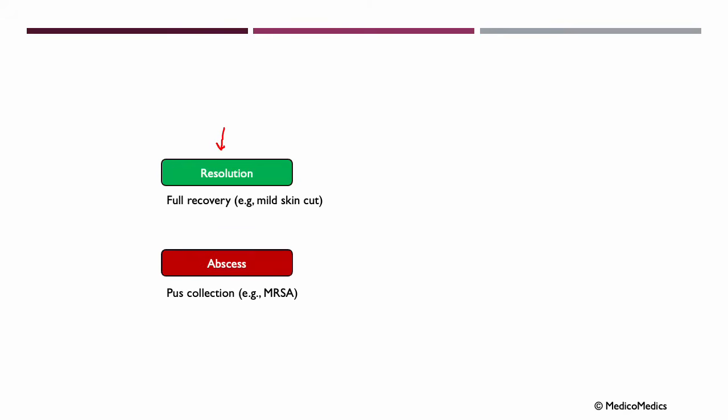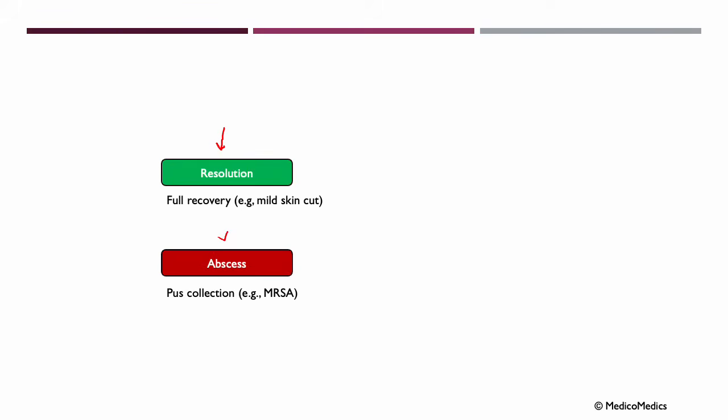Now, let's move on to another one, which is abscess. Abscess formation represents a localized collection of pus, so dead neutrophils, bacteria, tissue debris, etc. Typically, this is seen in response to a strong neutrophilic response to infection.